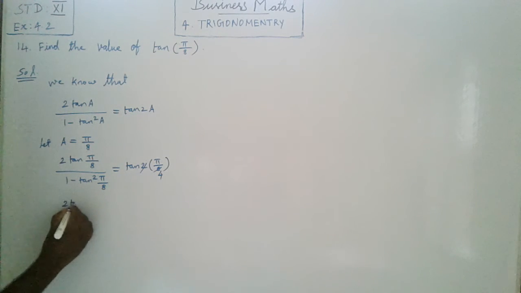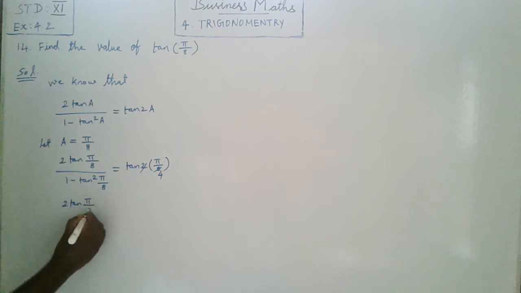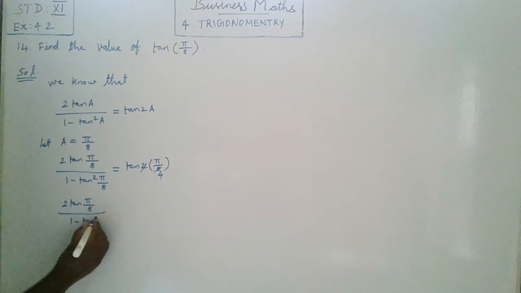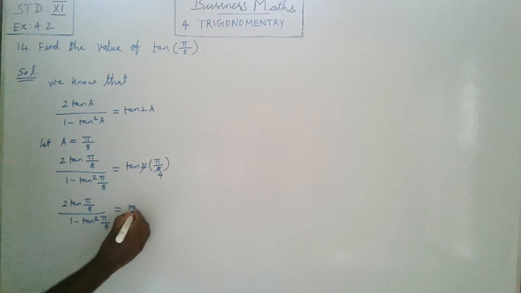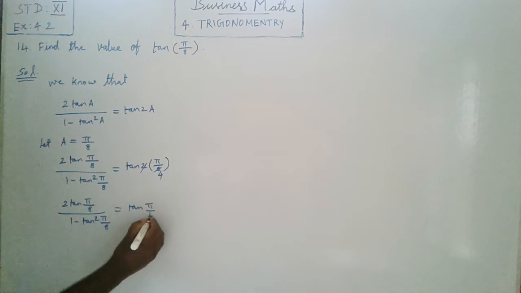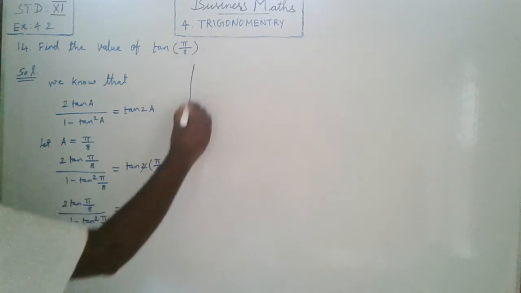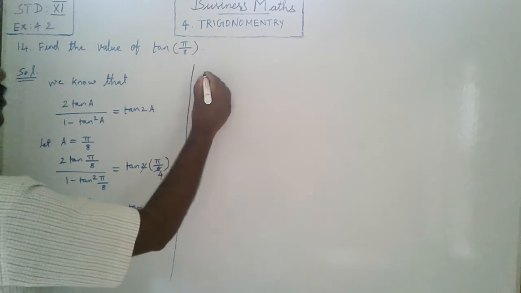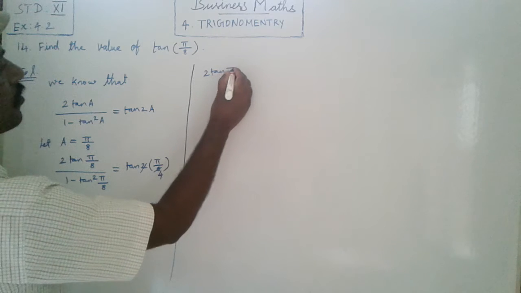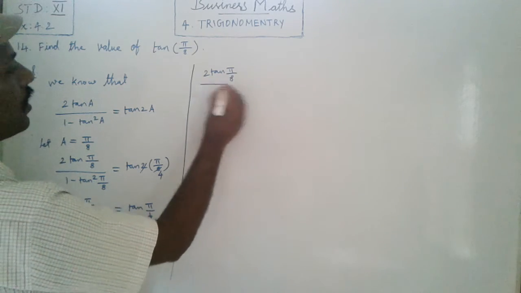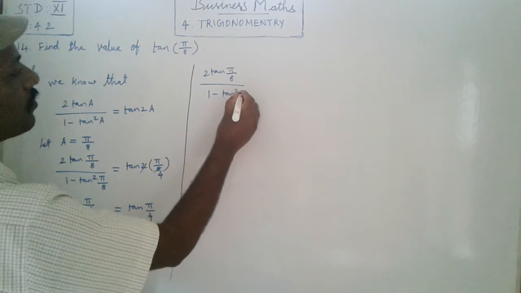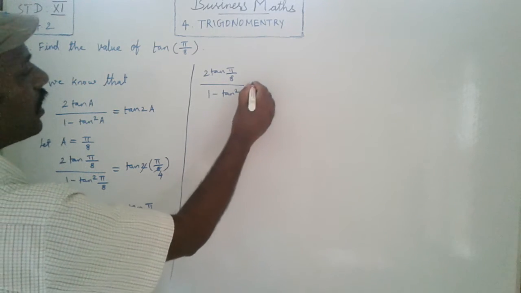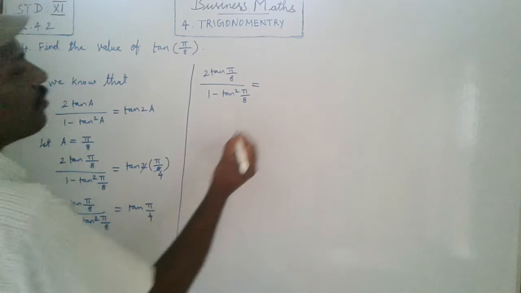So 2 tan pi by 8 divided by 1 minus tan square pi by 8 equal to tan pi by 4.